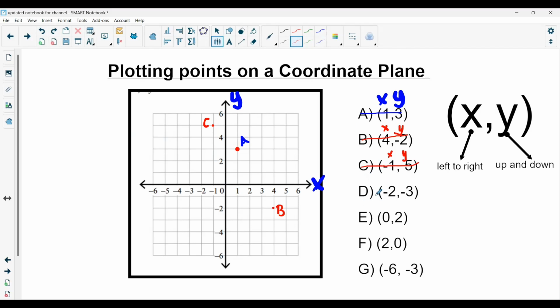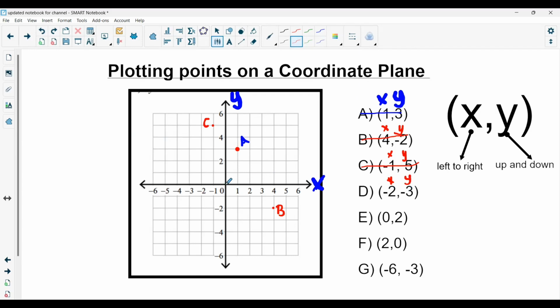Now let's try letter D. Think to yourself. See if you can figure out which direction you're going to go. So on your paper, maybe you can write either you're going to go right or left 2, and then you're going to go up or down 3. Let's see. So we're going to start here at the origin. My first number in my ordered pair, which is my X, is negative 2. My second number, which is my Y, is negative 3.